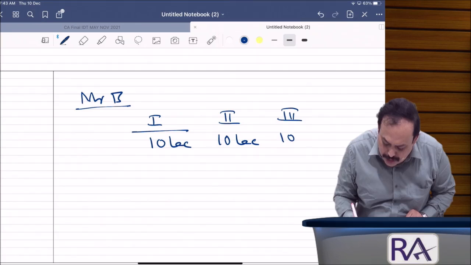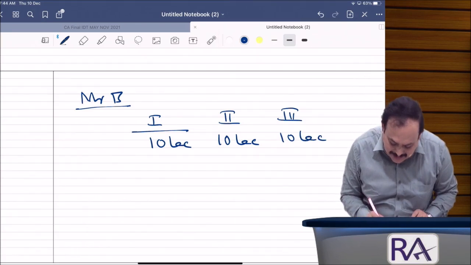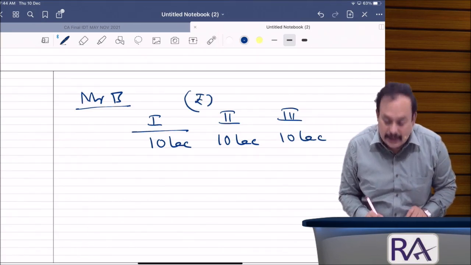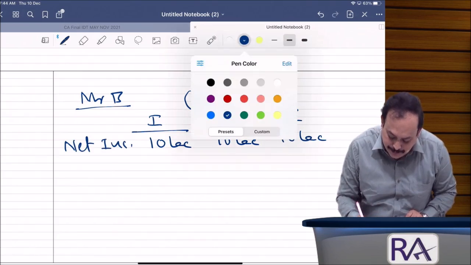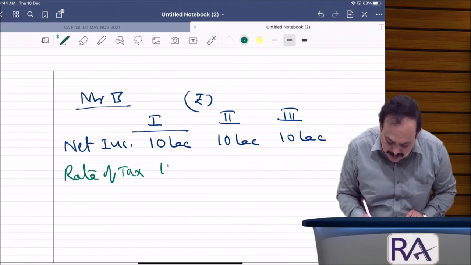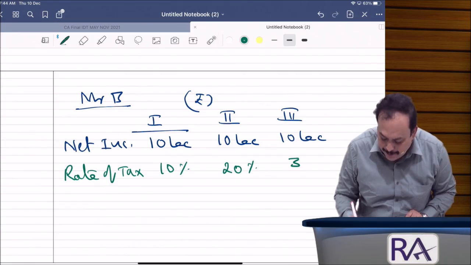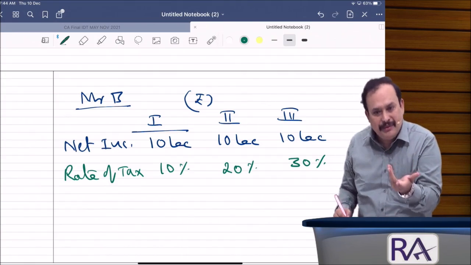Third year also 10 lakhs. Assume a scenario. The rate of tax on net income, in the given case rate of income tax, let us say 10%, 20%, 30%. Income remains the same in fact.